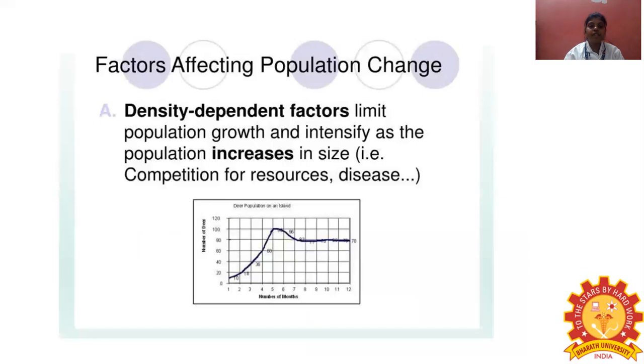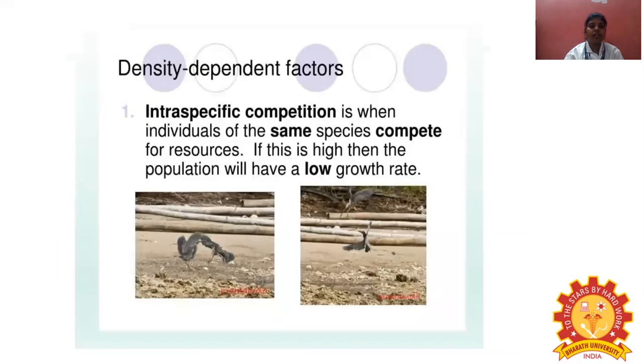Density dependent factors limit population growth and intensify as the population increases in size. That is, competition for resources, disease, etc. In density dependent factors, intra-specific competition is when individuals of the same species compete for resources.